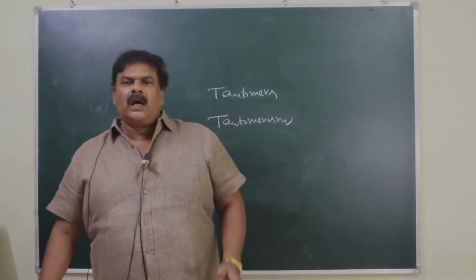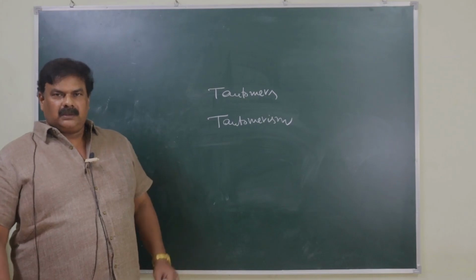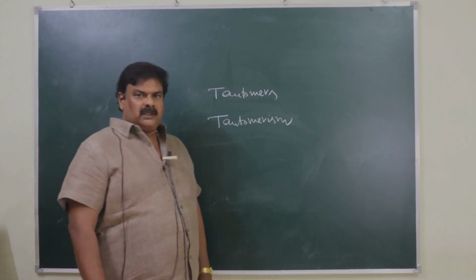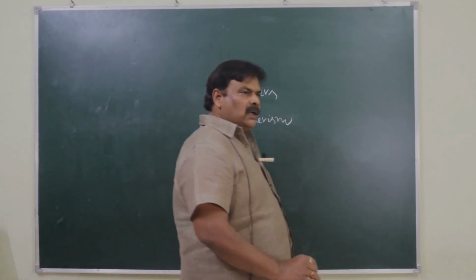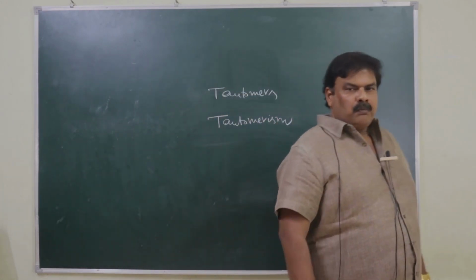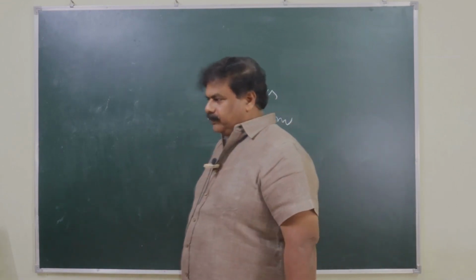Then what are tautomers? Tautomers are isomers. Then what are isomers? Compounds having the same molecular formula but differing in their properties are called isomers.